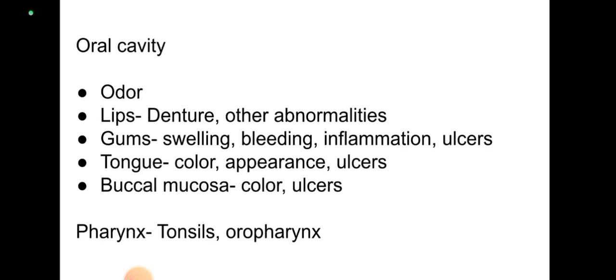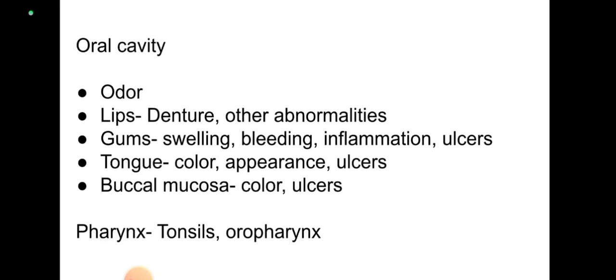In oral cavity, we look for odor, lips, denture and other abnormalities. In gums, we see swelling, bleeding, inflammation, ulcers. In tongue, we look at color, appearance, ulcers. And in buccal mucosa, we look for color and ulcers.